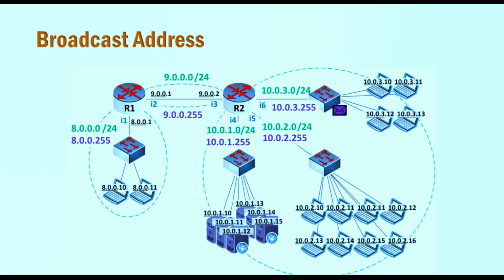Once this laptop sends its broadcast packet, it's going to end up on the switch. The switch is going to send this packet through all of its interfaces except for the interface that received the broadcast packet. So these are the devices that end up receiving the broadcast packet.